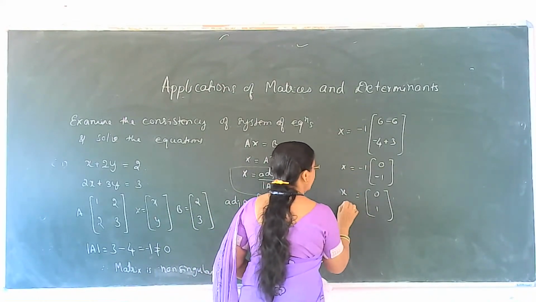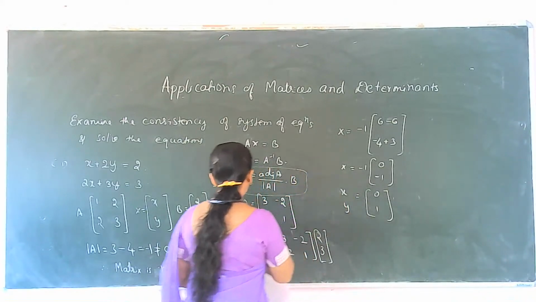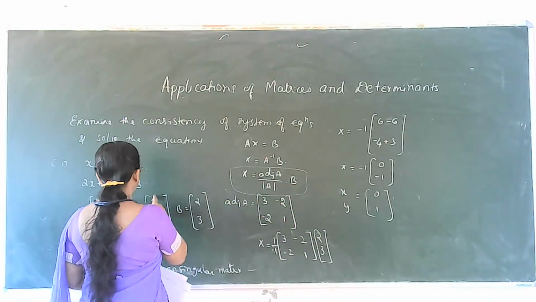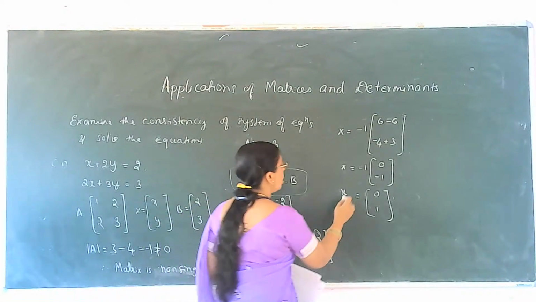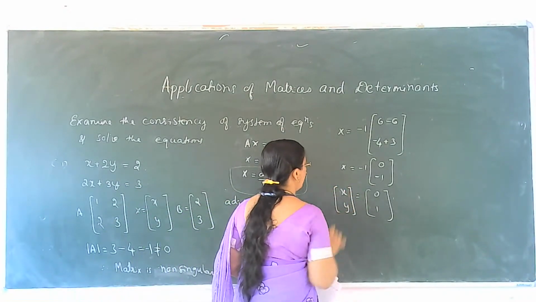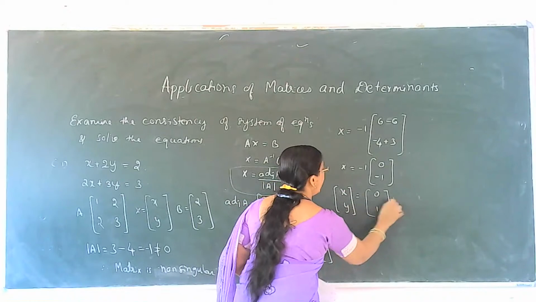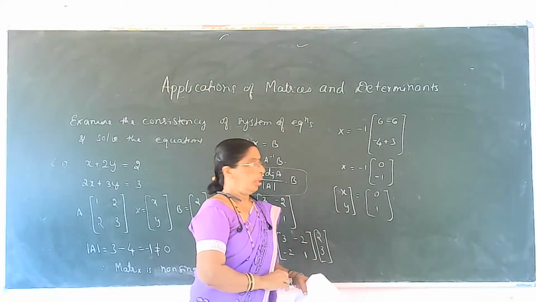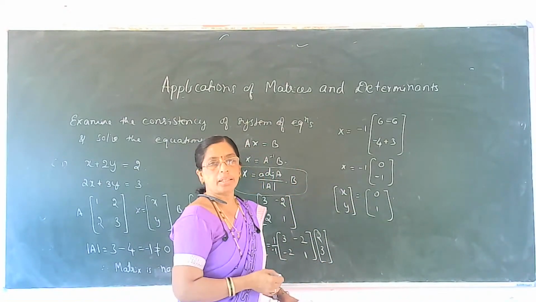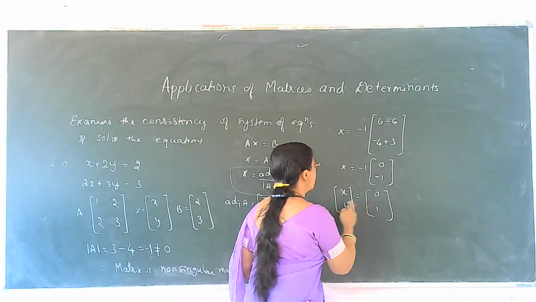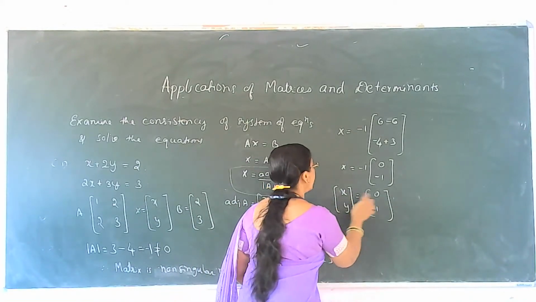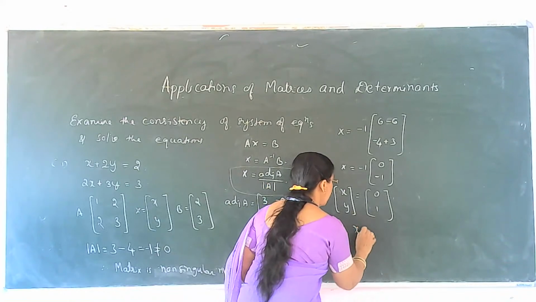But here the X matrix has two elements, one column, X and Y, and we equate the corresponding elements of equal matrices.